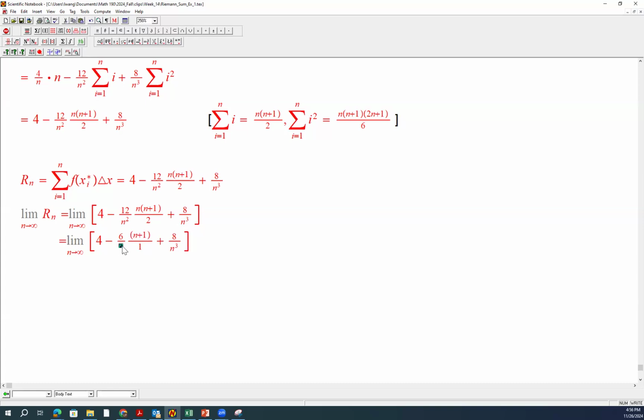So how about I bring this n to here, right? So I just have 6 left. On this piece, I'm going to write it as 1 plus 1 over n. That's a simple algebraic manipulation, right? And on the last piece, wait, did I forget the formula?